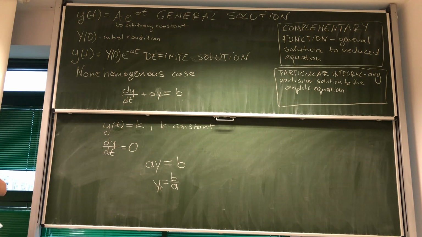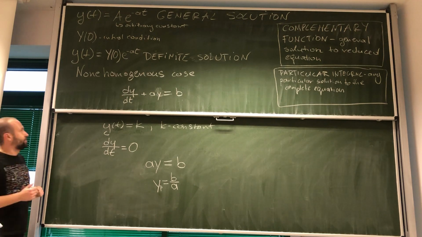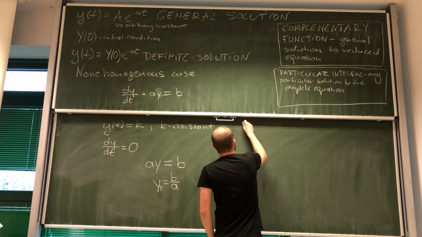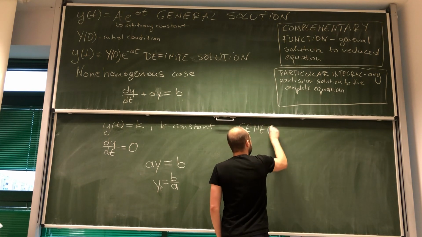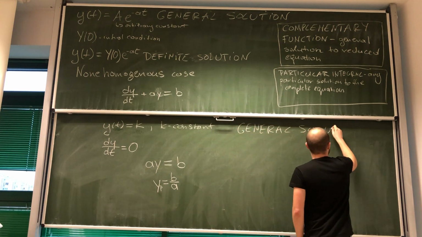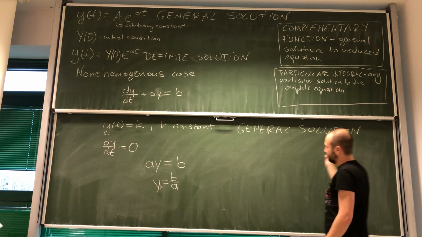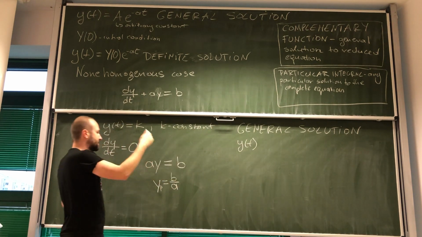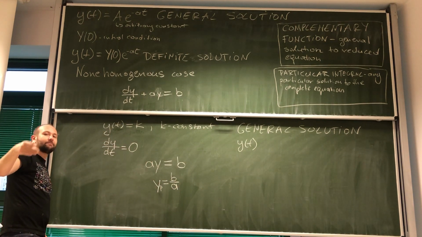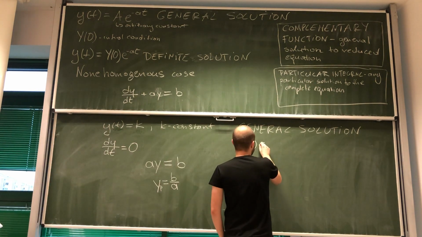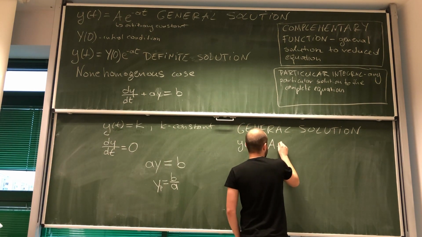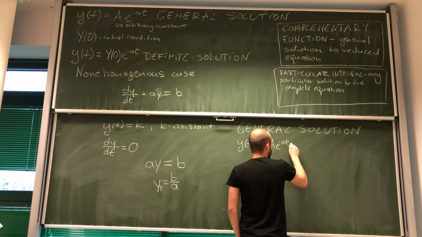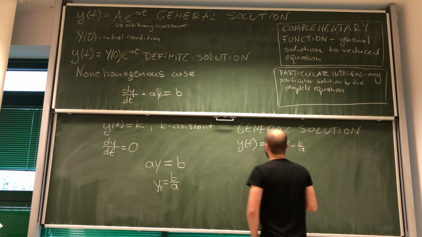So, now that we've done it, we can actually write general solution to the non-homogeneous differential equation, and this general solution is, of course, y of t. Remember, we call it the time path because this is going to be function of time alone, and it's equal to a times e to the power negative at plus b over a, right?